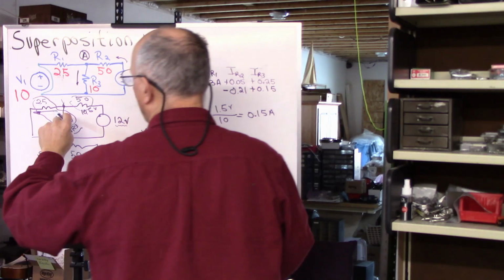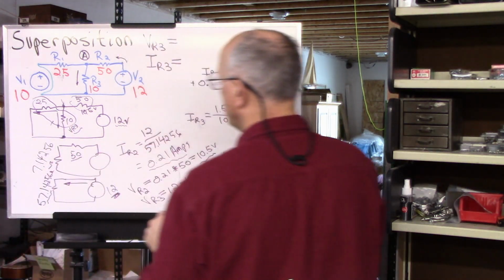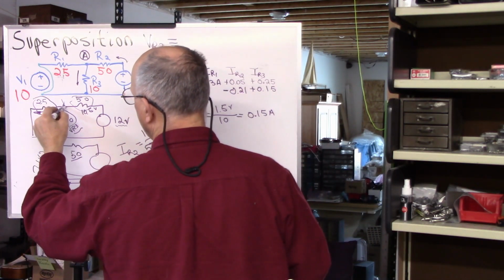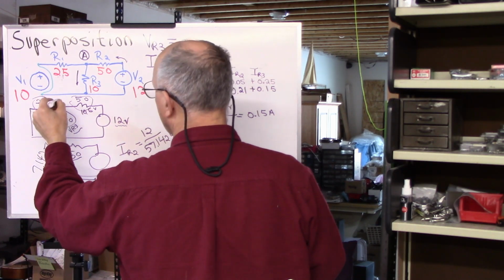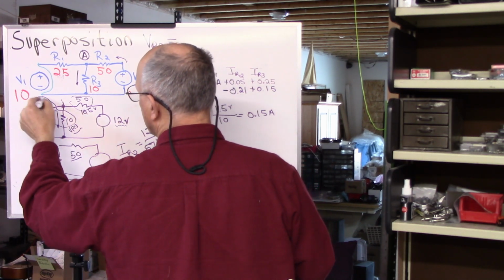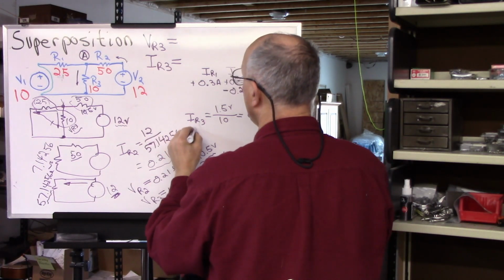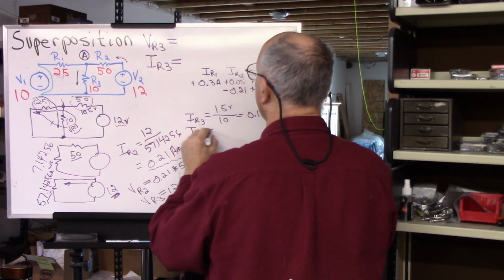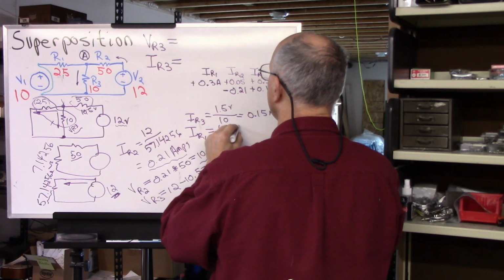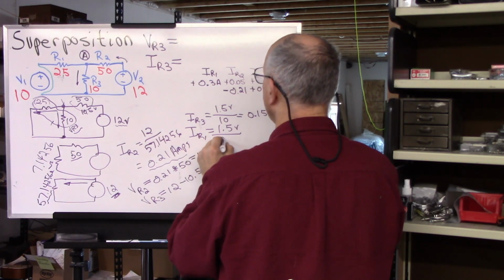Now let's talk about this current over here. Again, it has the same voltage on it, 1.5 volts, but it's 25 ohms. So IR1 is 1.5 volts divided by 25 ohms.